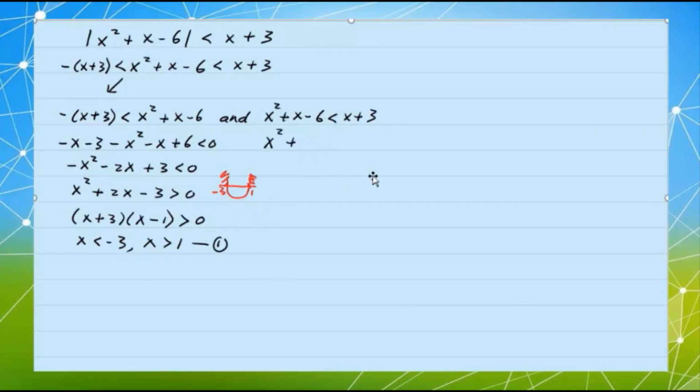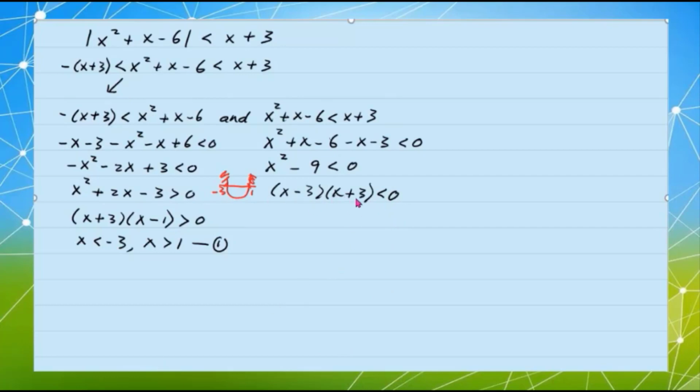Now we try to solve the second inequality where we shift all the terms to the left, and then we try to simplify the expression on the left. We found that it is x power 2 minus 9 less than 0. Then we factorize the expression. It is x minus 3 multiplied x plus 3 less than 0.